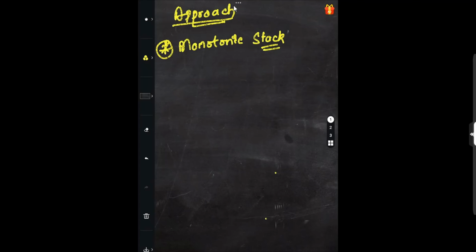In the first step, we make use of a stack to keep track of the indices of the bars in increasing order of their heights. This is very important.